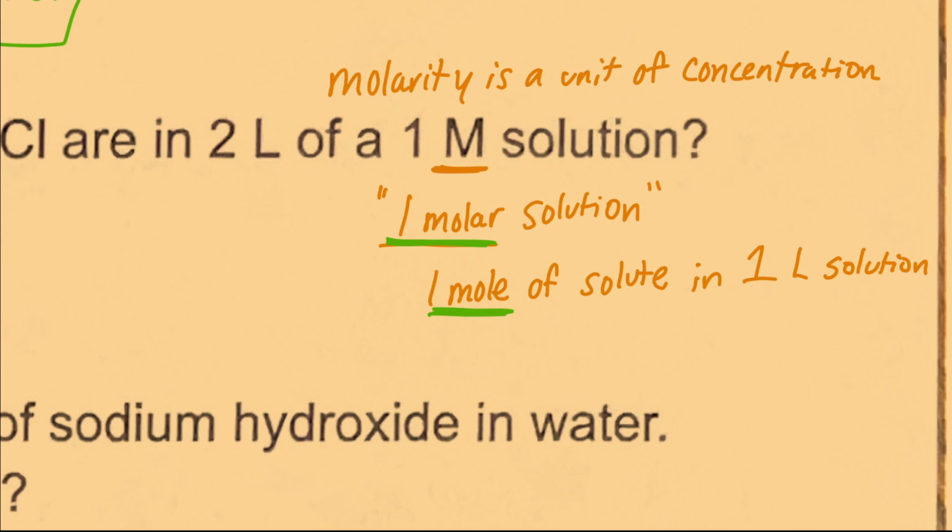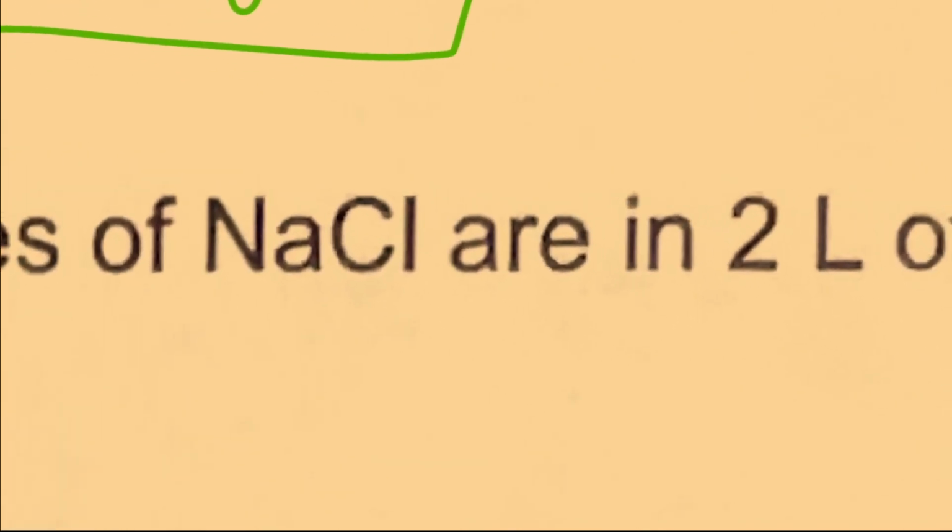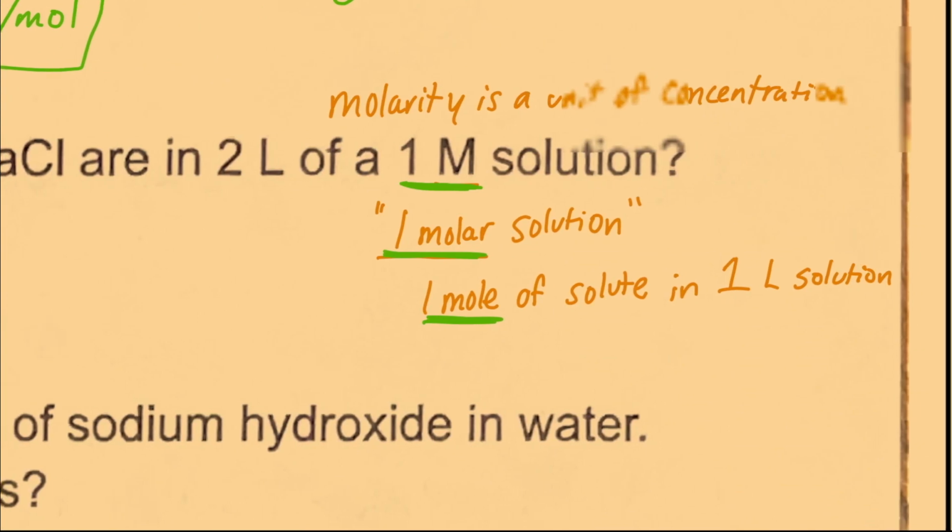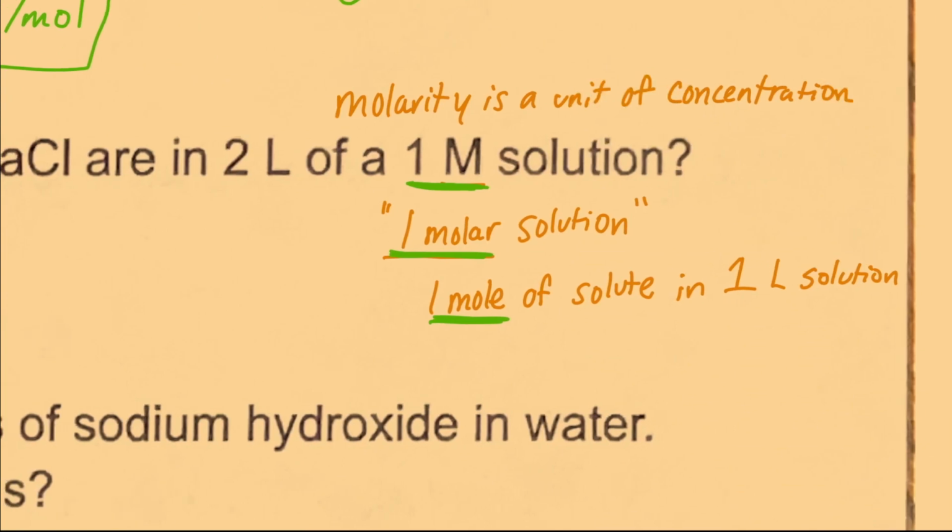When you see this 1M, that's telling you the number of moles of solute, in this case sodium chloride, that are dissolved in every 1 liter of solution. So if this was 2 molar, that would be 2 moles of solute dissolved in every 1 liter of solution. So molarity is like a ratio between the amount of solute and the amount of solution.